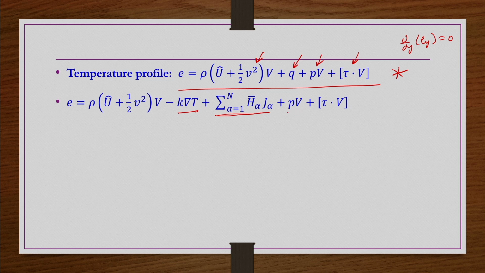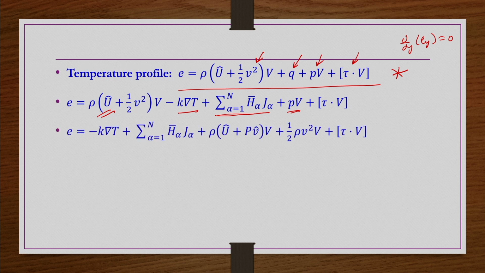So now in the next step, from this PV and this rho V, we are combining them in such a way that rho U tilde plus P V tilde V, and then the remaining rho V square V we are writing here. Tau dot V is as it is. In place of the minus K delta T that is there, we are writing that first, and then this flux term we are writing as a second one.